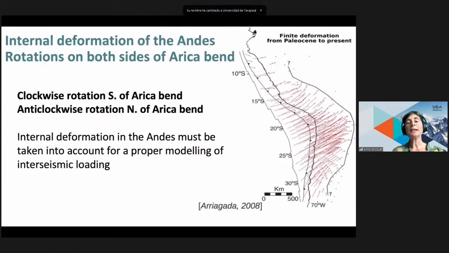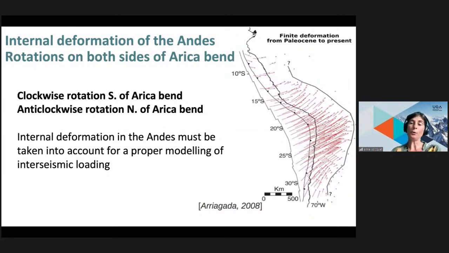Another thing: when we want to model the deformation in South Peru and North Chile all together, we mentioned yesterday that it was quite important, notably to know better what happens in Arica.